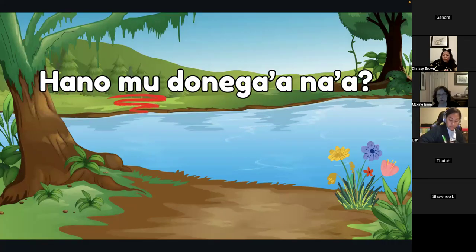The second word, me, is a plural article. It means the, but it specifically refers to plural, not singular. So, me donigya, the flowers. And notice the T in the word for flower, tonigya, turns to a D.